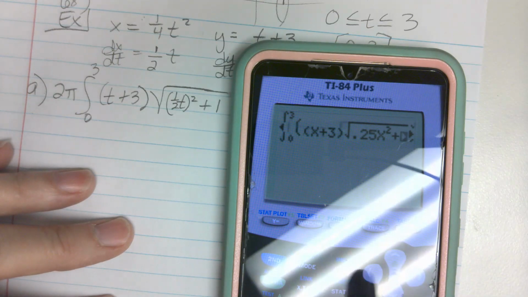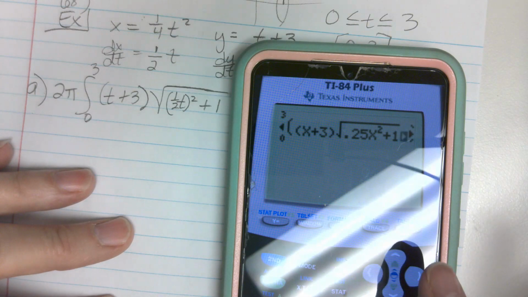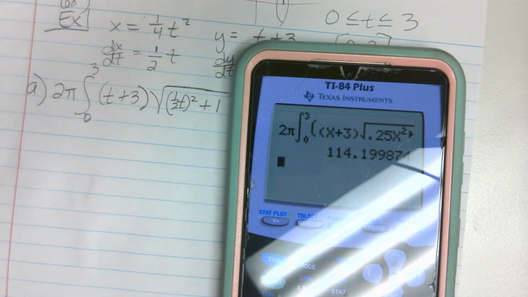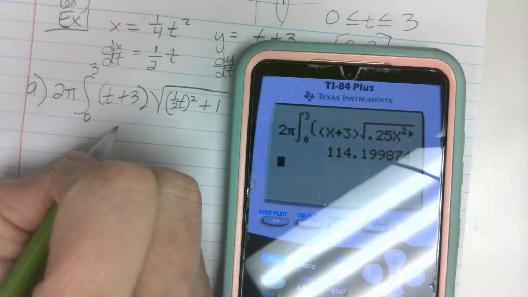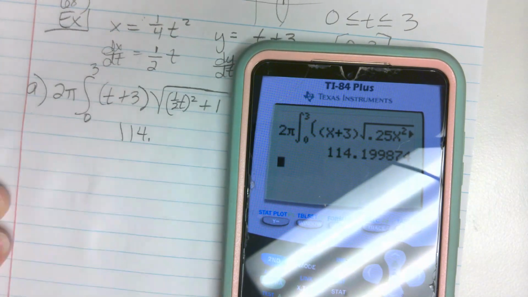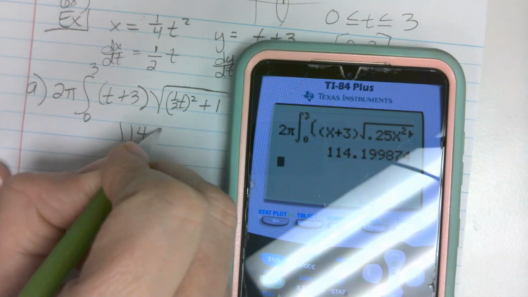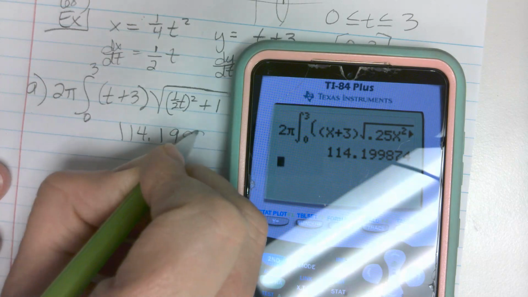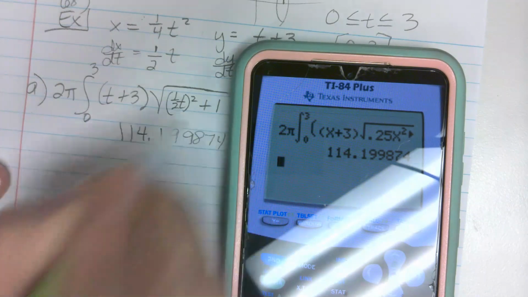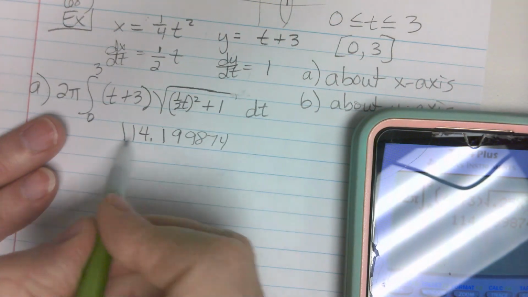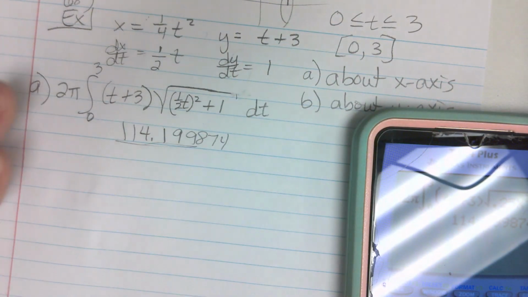It takes me forever to plug it in mine because the touch sensitive, I mean, it's just weird. What'd you get? 114.1998. To 3 decimals would be 114.200, but you know what? 114.199, AP would accept that. They would just truncate it, and they'd be fine with that.